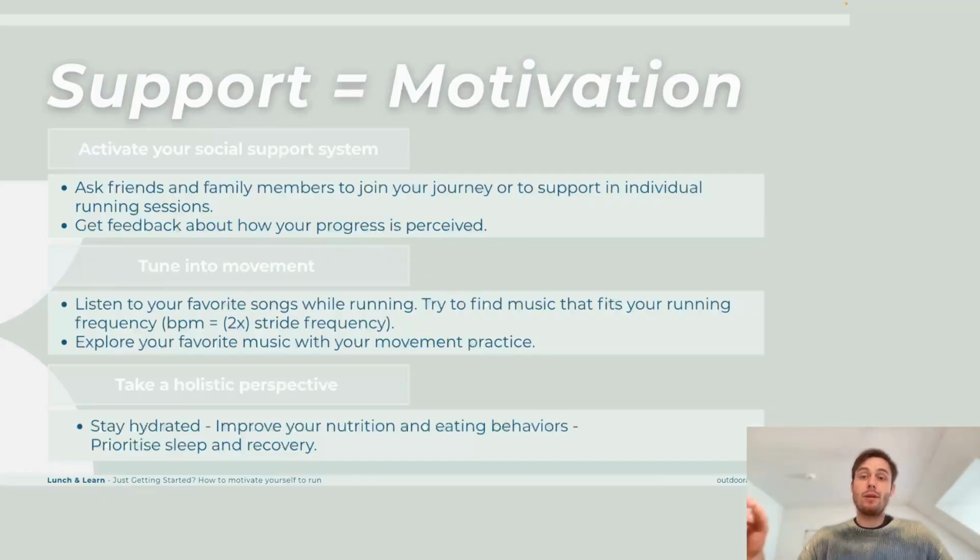And another really important thing is, besides your internal feedback that we talked about on the sheet before, get this external feedback. Ask friends and family members how they perceive your progress. It's basically like when you have a child, you basically never see them growing up, and you have friends that see your children every 3 to 4 months, and then they're shocked because the child basically exploded in size.